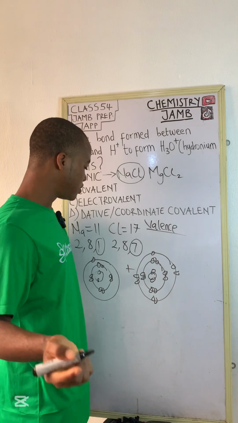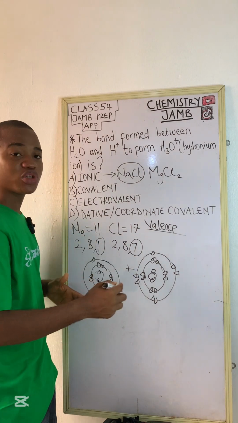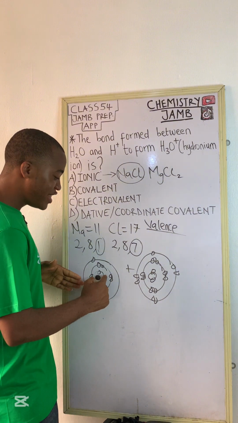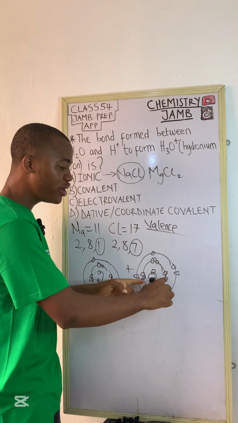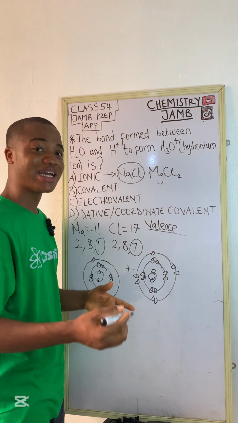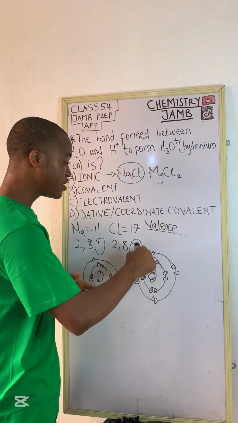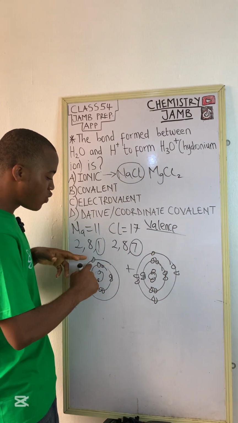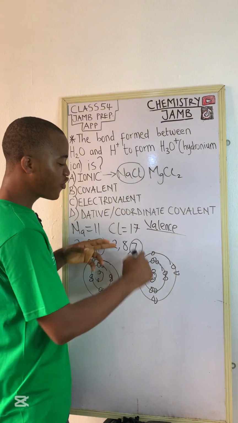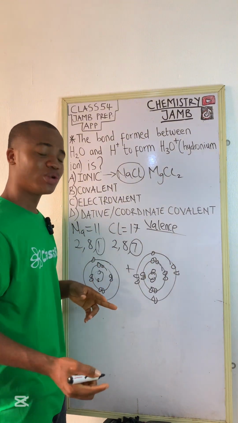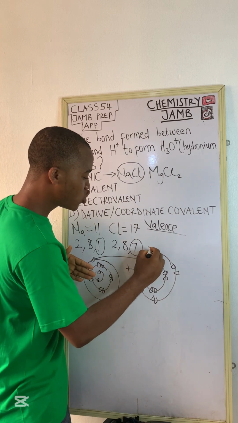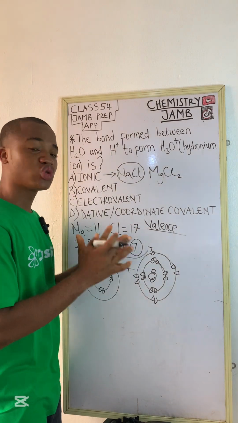So now, as you can see, this particular sodium wants to attain octet. That means it wants to have 8 valence electrons. And also, chlorine wants to attain octet. That means it wants to have 8 valence electrons as well. Now, the valence shell of sodium has only 1 electron. The valence shell of chlorine has 7 electrons. So, this sodium can just transfer this 1 electron to chlorine so that they can become sodium chloride.